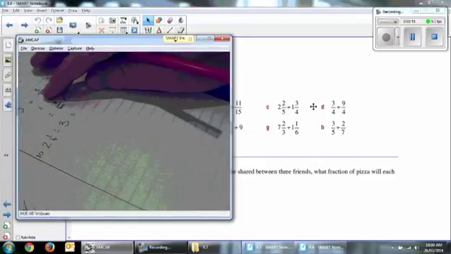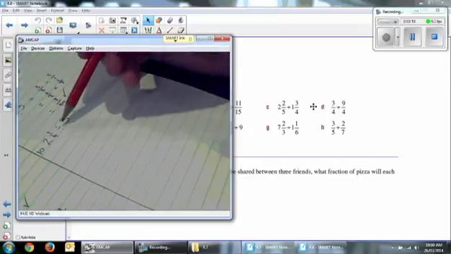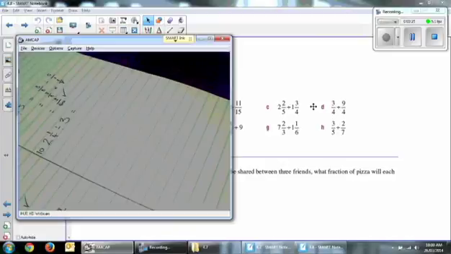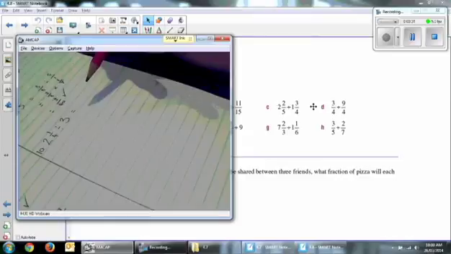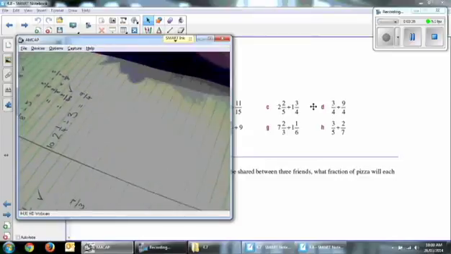Okay, so we've got 2 and 1/4 pizzas, and we've got to divide it by 3 people. Now, in this situation, the first thing that we need to do, exactly like multiplication, is to turn this into an improper fraction. Okay? So we end up looking like this.